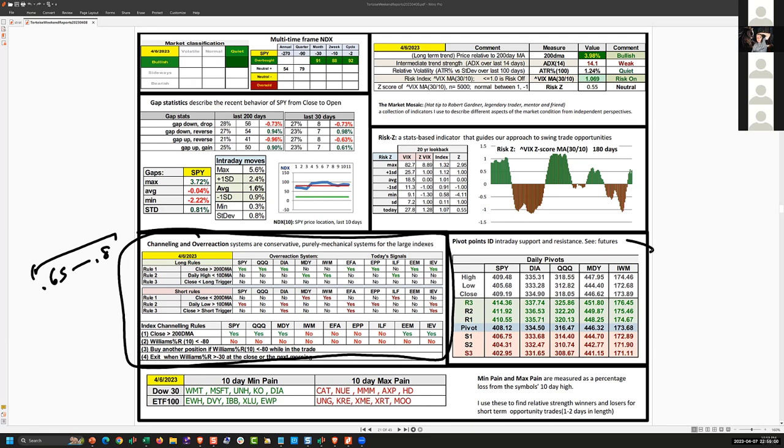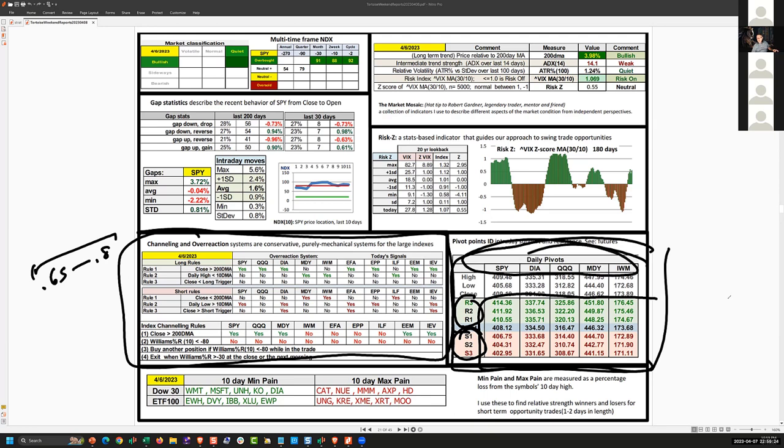I use the daily pivots because I can use those for intraday trading in the futures or the indexes, based on the way the pits describe pivot points: R1, 2, and 3, S1, 2, and 3 for resistance and support. These become key price levels for these big fat U.S. indexes. I'm not going to cover those tonight other than to say this is the daily computation for what those key price levels are.